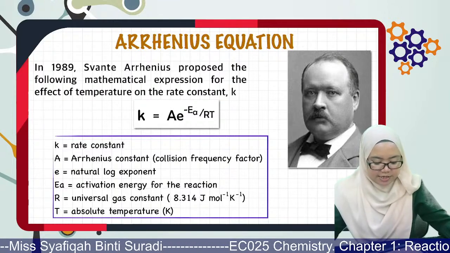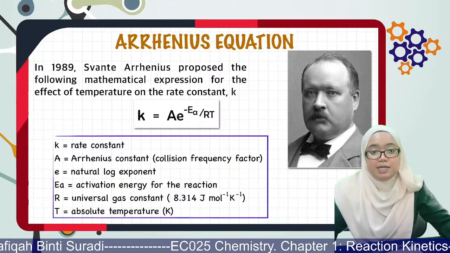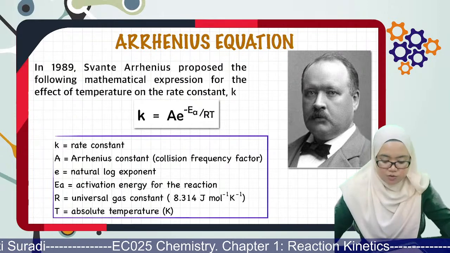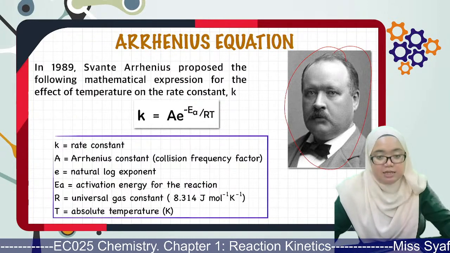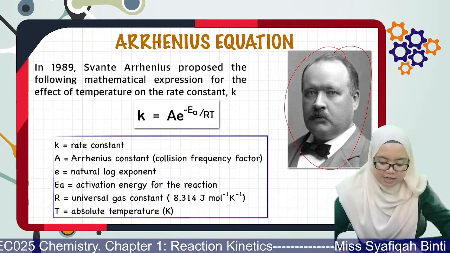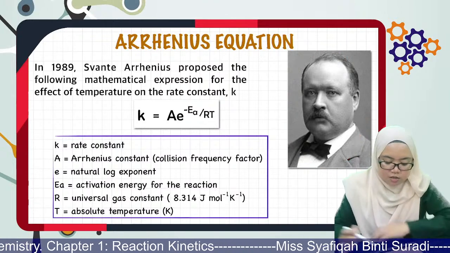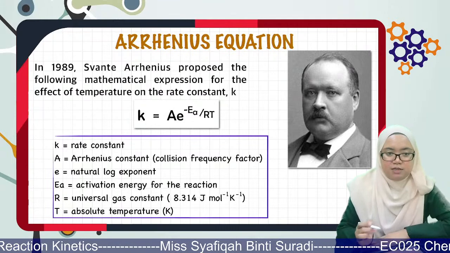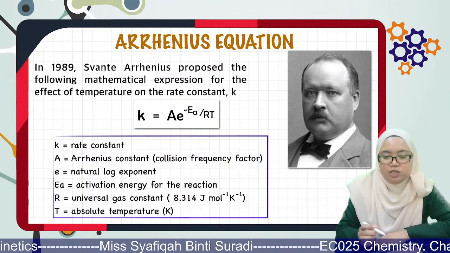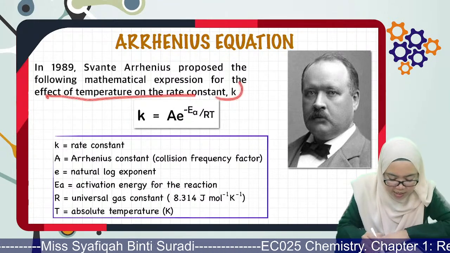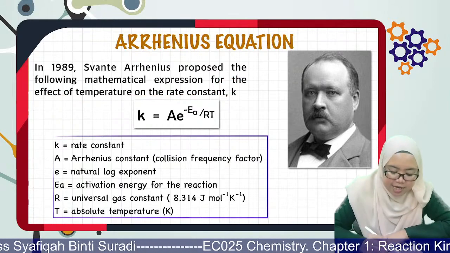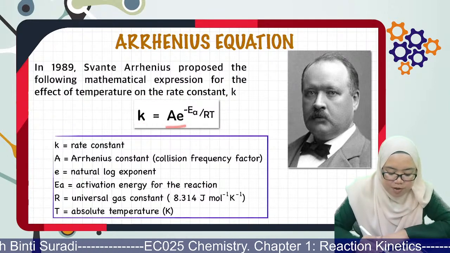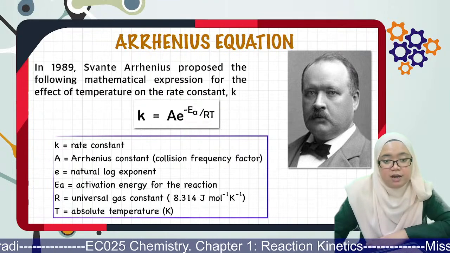kita nak pergi kepada last part, which is Arrhenius equation. So pakcik misal kita ni, dia ni yang perkenalkan Arrhenius equation ni. Okay, so apa itu Arrhenius equation? Dia express the effect of temperature on the rate constant K. Okay, so K is equals to A e to the power of negative Ea over RT.